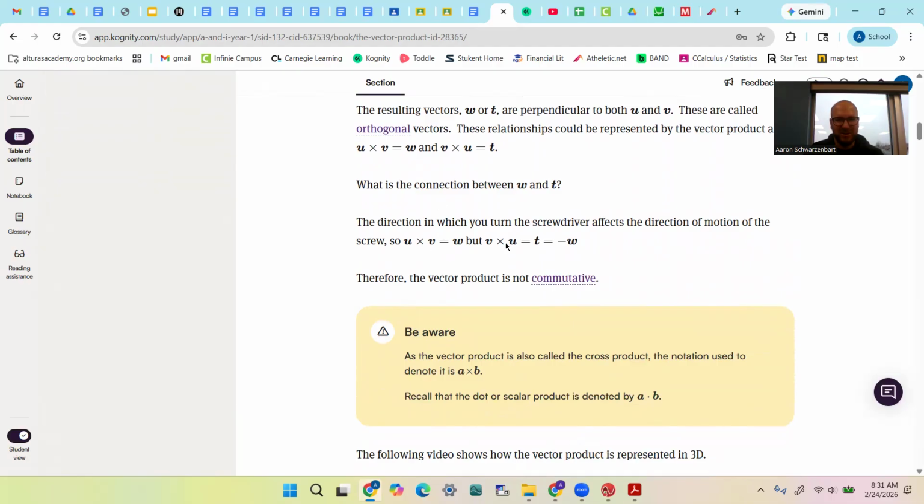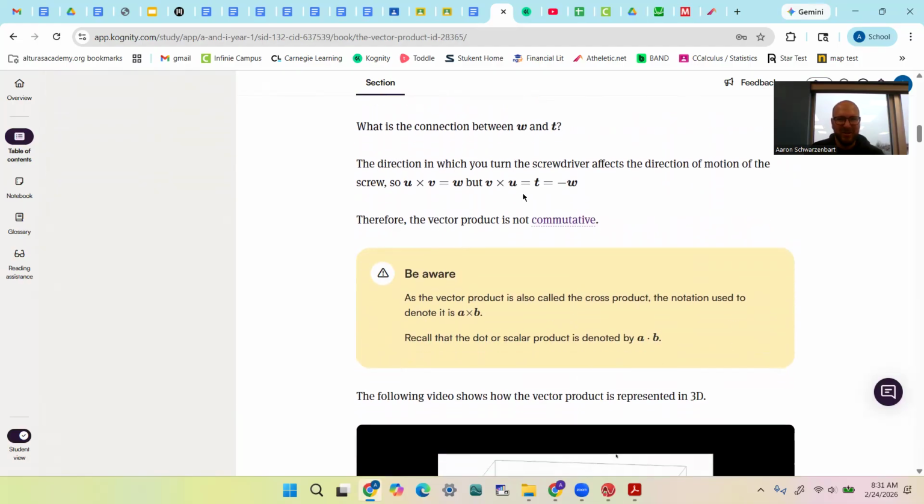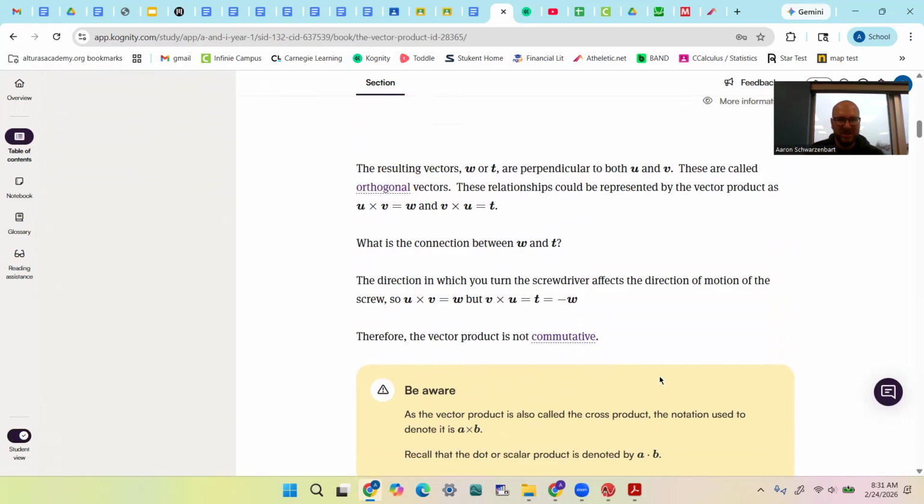U and V and W. Vector products are not commutative. Okay, that's true. Remember that was true with matrices. The order you put them in does matter.